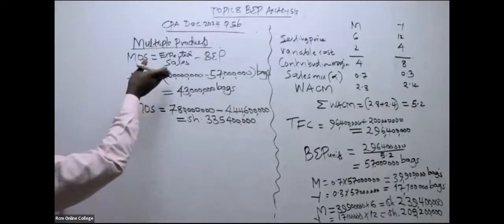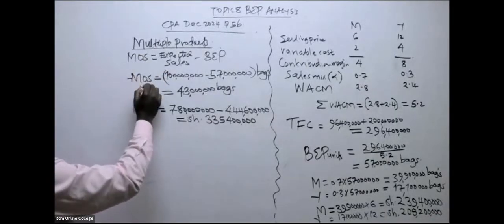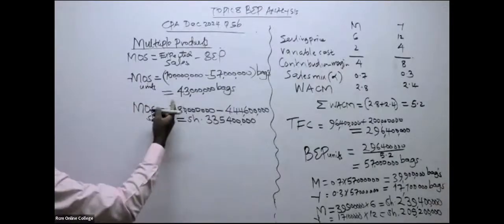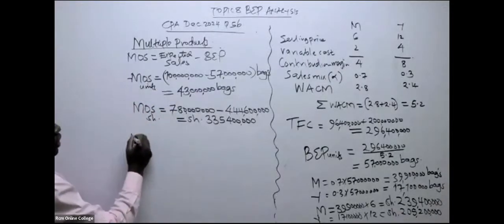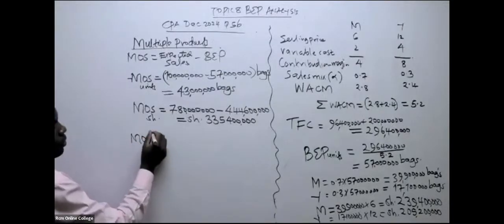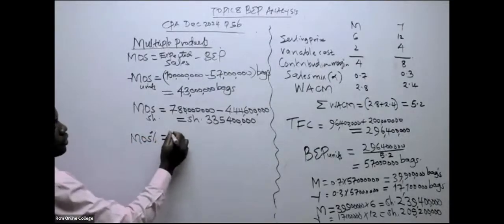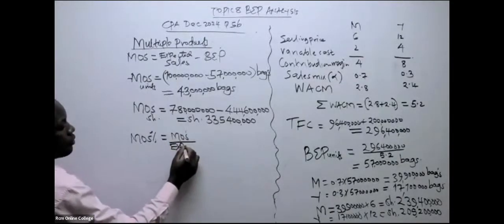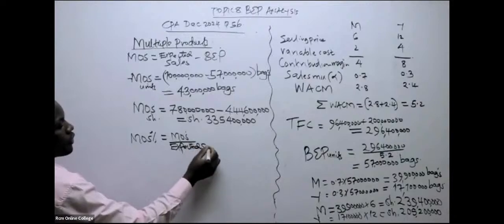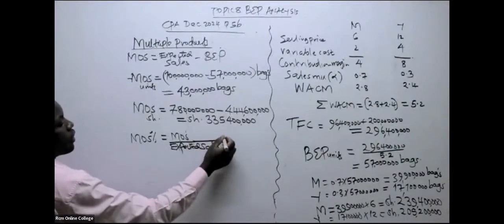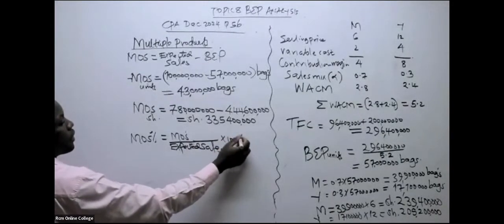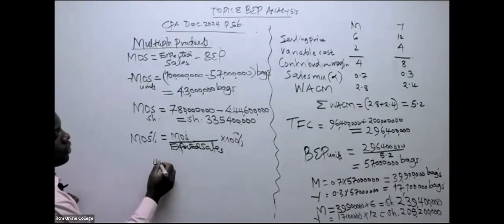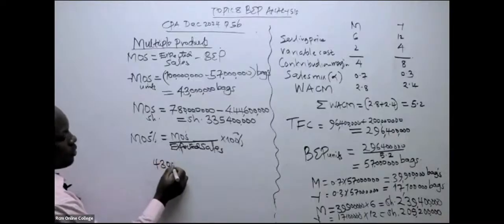So in units, margin of safety as a percentage will be margin of safety over expected sales, then you express all of that as a percentage, right? So let's start with margin of safety in units. That will be 43 million.